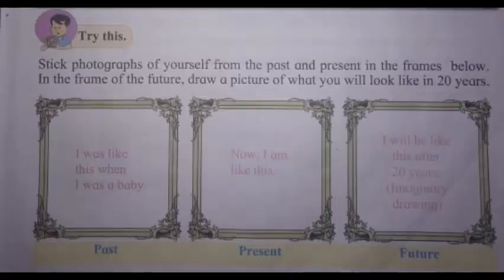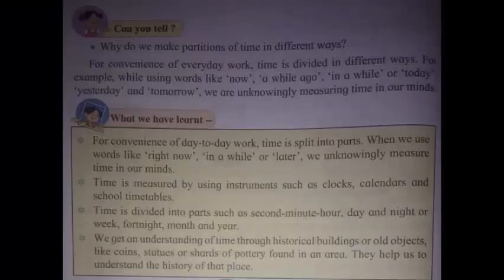Try this. Children, this activity was given to you in our last class. I hope you have all done it and completed the activity. Please turn your page. Can you tell why we make partitions of time in different ways?